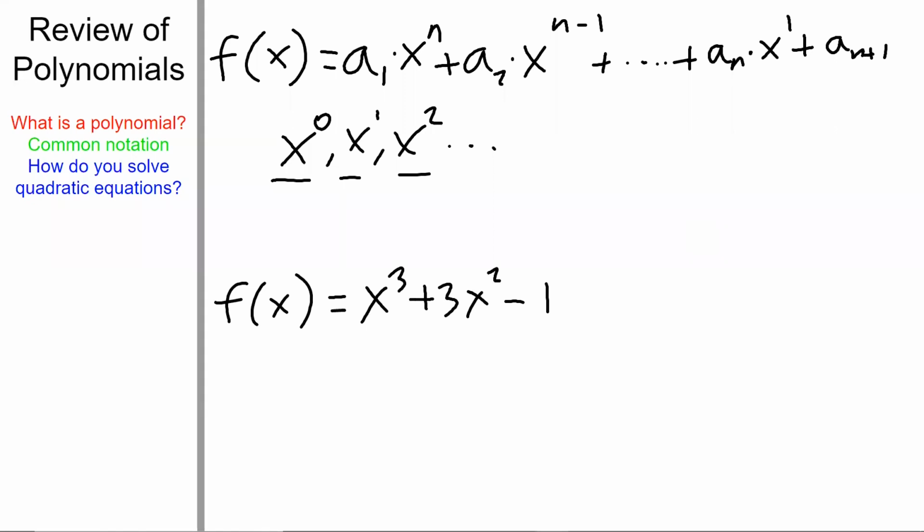And I asked you to plug in x equals 1, then what would this be? So f of 1 is you replace all the x's you see with 1's, and you get 1 cubed plus 3 times 1 squared minus 1. And then you would get 3.